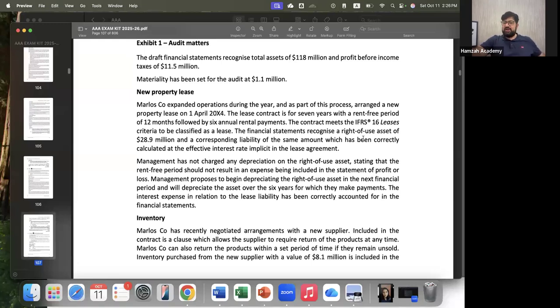The financial statements recognized a right-of-use asset of $228.9 million and a corresponding liability of the same amount, which has been correctly calculated at the effective interest rate implicit in the lease agreement. So they recognize a right-of-use asset of this and a corresponding liability of the same amount.